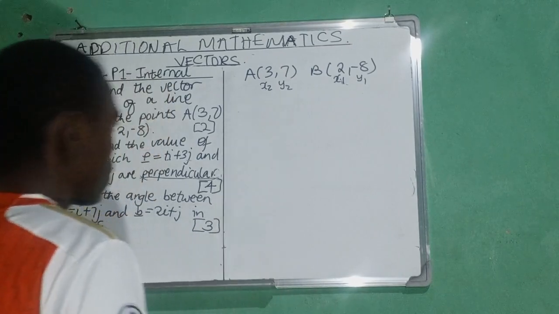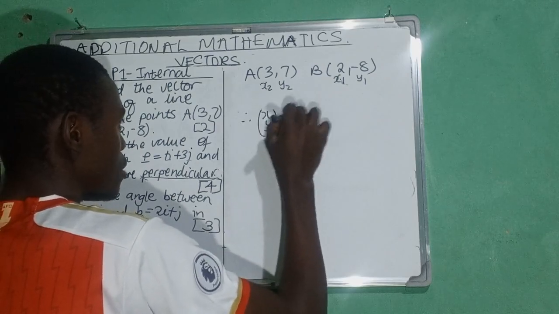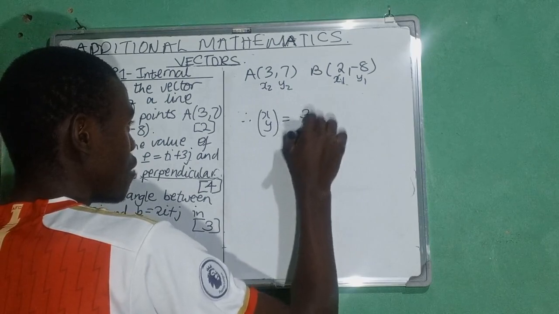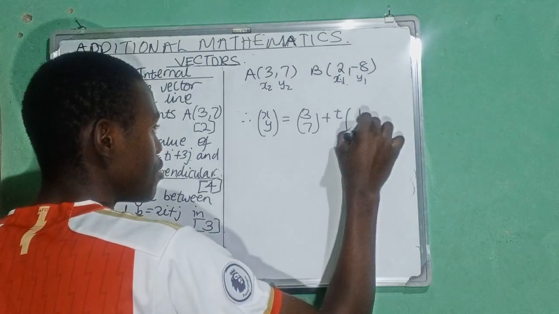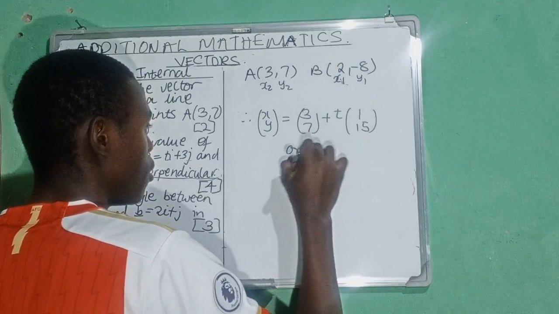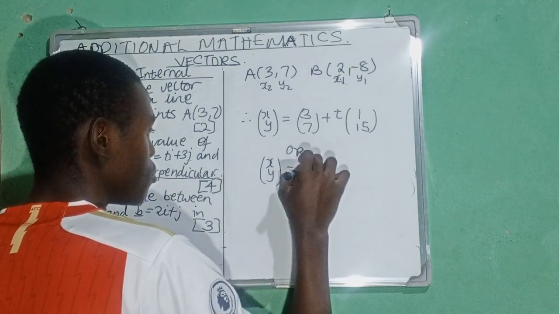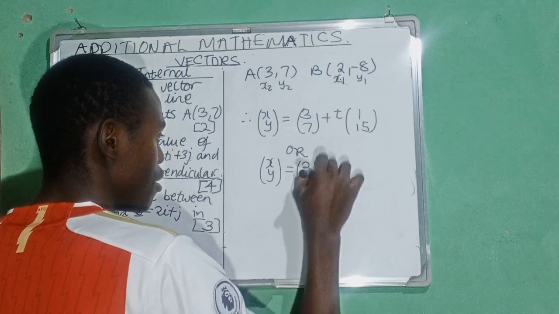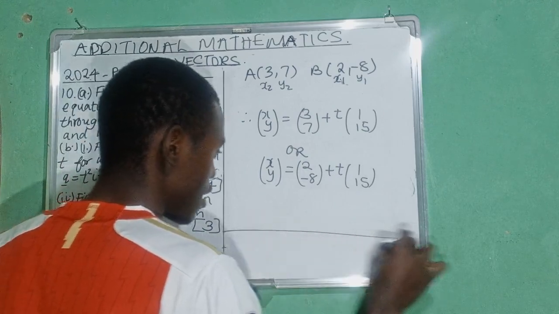Therefore, the position vector would be equal to (3, 7) plus t multiplied by (1, 15), or equal to (2, negative 8) plus t multiplied by (1, 15), like that.